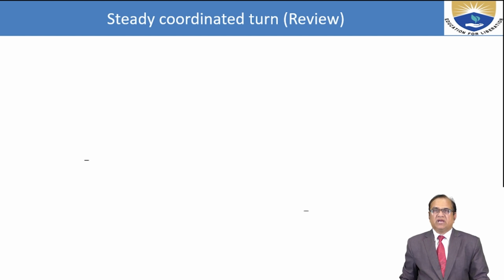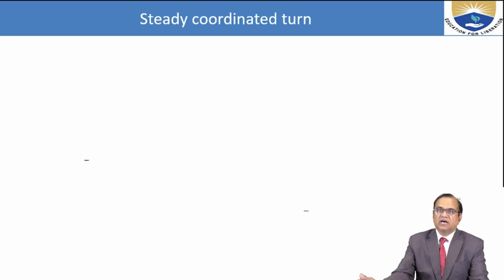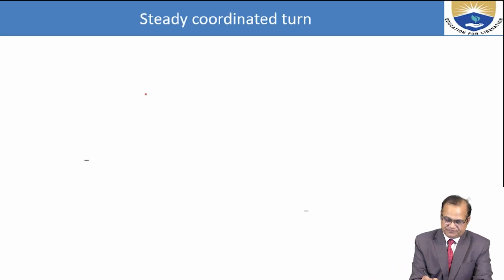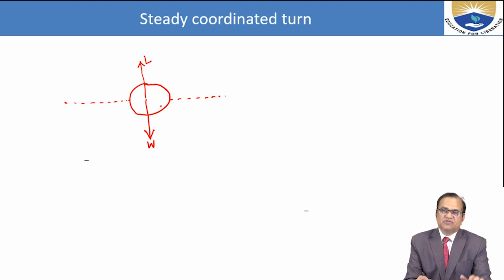So, steady coordinated turn, we have seen in the last class also. If this is the fuselage of the aircraft and these are the wings, in a normal steady level flight, weight will act like this, lift will act like this, as seen from the front view.